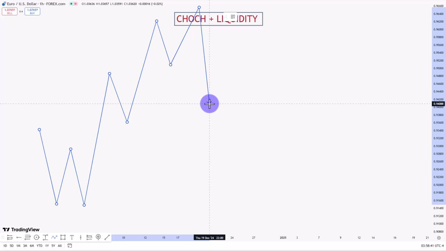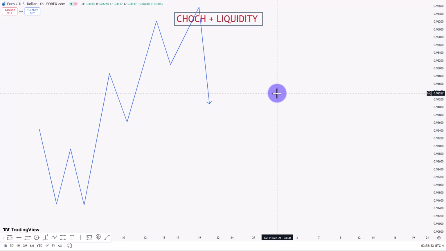Of course, you know what this means. It means that we're about to start trending lower, and once you see this, there's just one more confirmation you need, which is you need to see the opposing draw on liquidity.